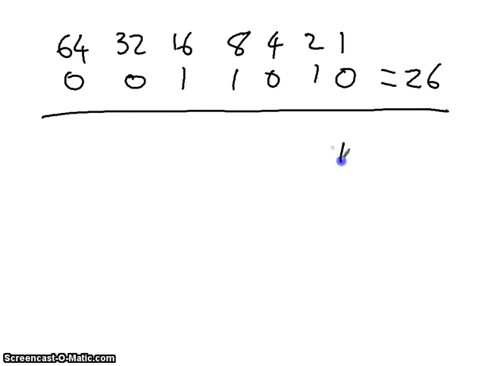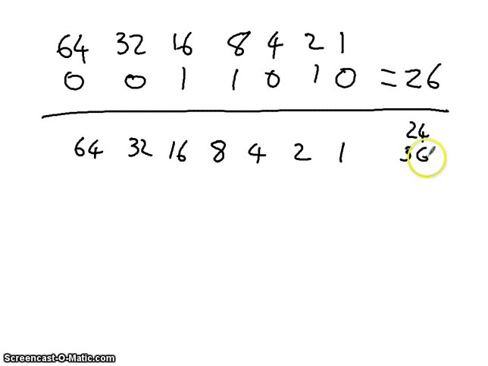Say I was doing an exam question and I was told to add two numbers together. I'm just going to make these up. So if I was told to add 24 and 36 together, I could do that very quickly in my head, but I need to show binary mathematics.